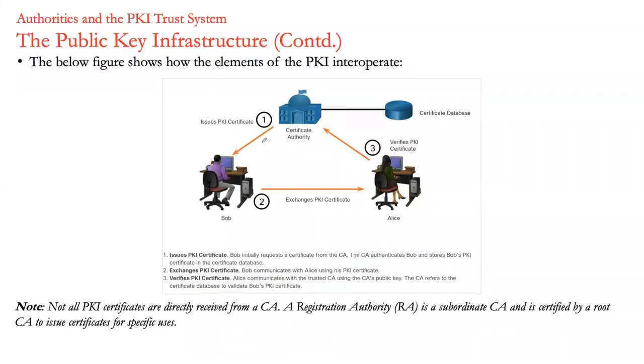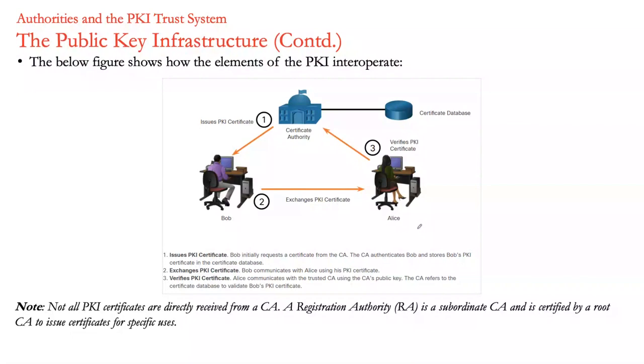So the CA authenticates Bob and Bob's keys, the private key and public key in that certificate, verifies from this database and issues the PKI certificate, that digital certificate, to your Bob. Then they exchange this public key certificate. Bob will exchange the public key certificate with Alice.